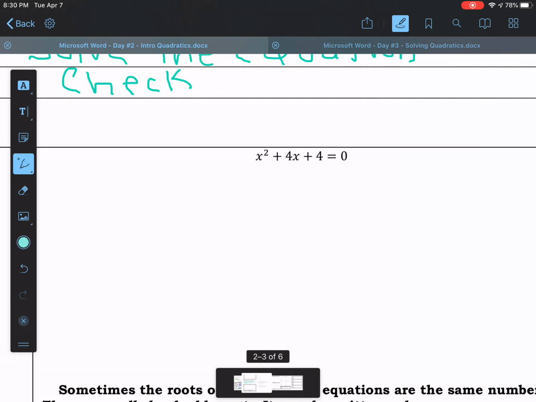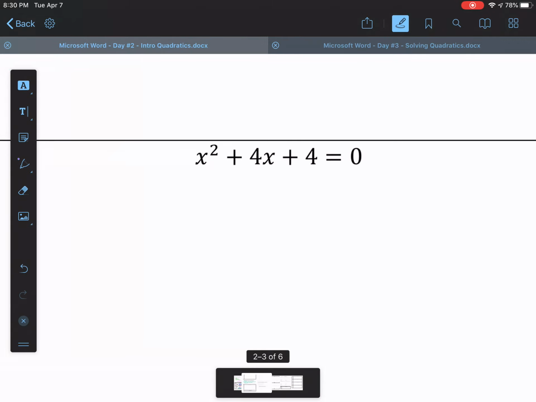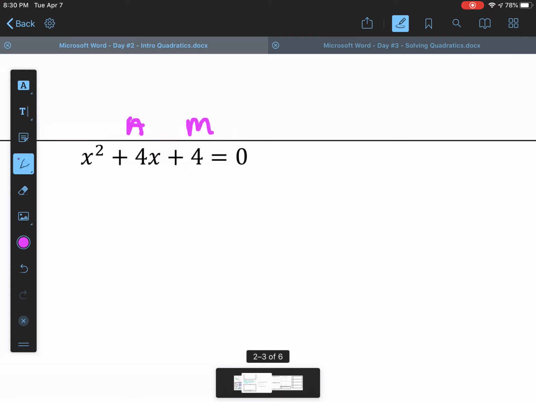So we are right now looking for 2 numbers that are going to add to the 4 in the middle and multiply to the 4 at the end. So what I'm going to do is list our factors of 4, which are 1 and 4, and 2 and 2.